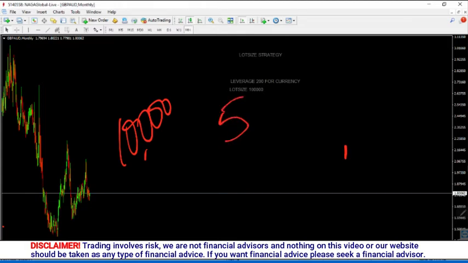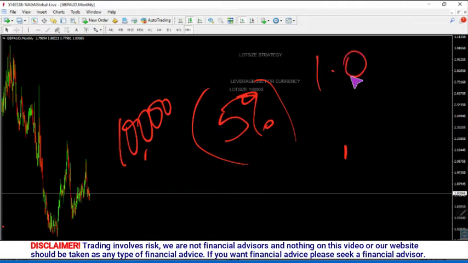Remember, if you're taking 5% of your account size, you're going to have to make the calculations and arrive at a particular lot size you want to use. For a $10,000 account, we arrived at 1.0, and for a $1,000 account, we arrived at 0.1. It means that this is the only trade you will be on until you're in profit on this 1.0 before you're able to take another position.